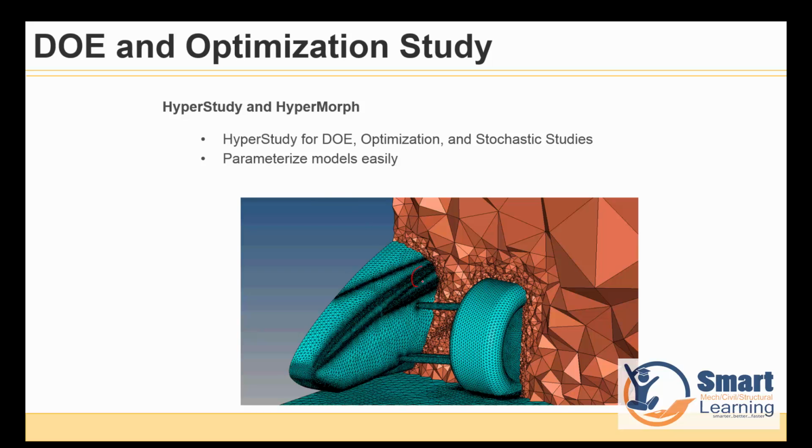For example, if you need refinement at this joint, or at the curvature, and you need a different kind of meshing than in other areas, or you have a sharp curve where density requirements apply, you can create that parameterized model.